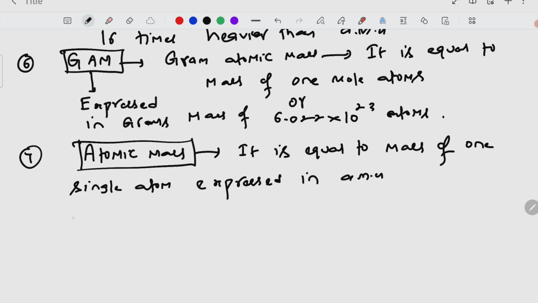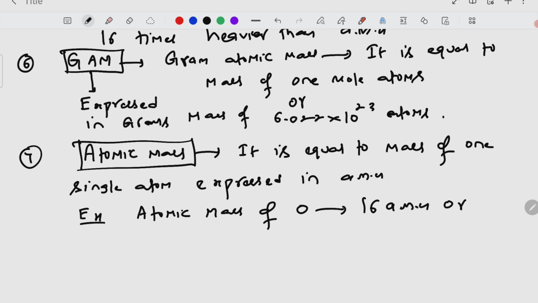How? We'll see now. For example, if we want to specify the atomic mass of oxygen, we mention it as 16 AMU, or you can write U. Atomic mass of oxygen is 16 AMU, meaning one oxygen atom is 16 times heavier than the AMU value.